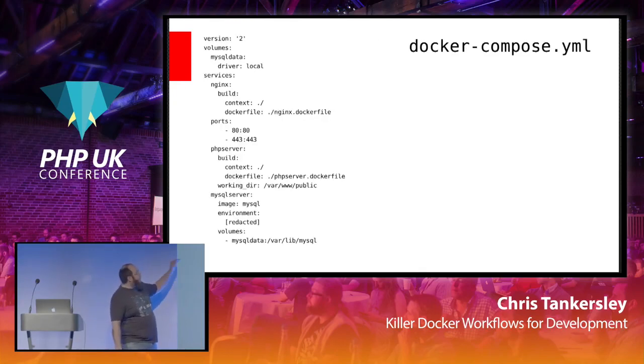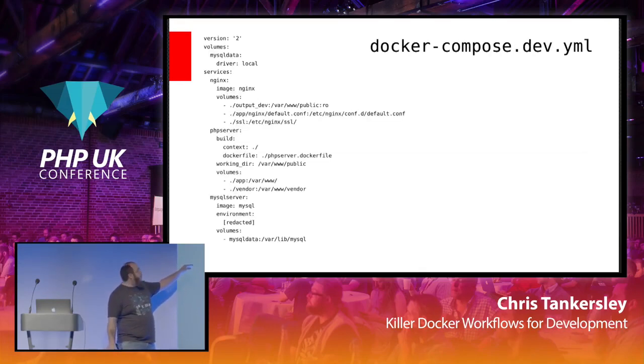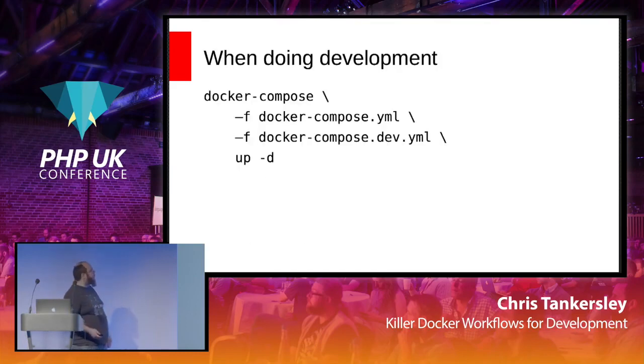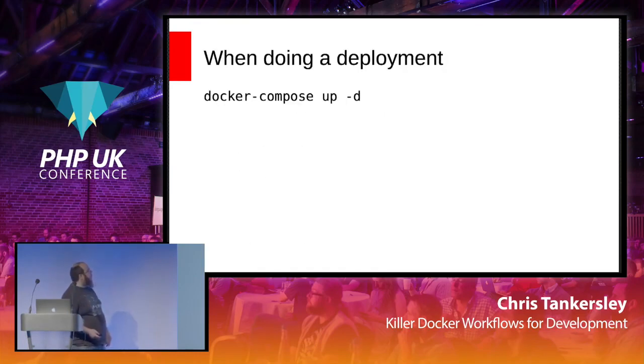So technically in this example, if I'm opening port 80 and 443 from my production one, those will also be open, and I don't open port 8080 on here. If I had another port in here, we would actually have all three of them open, it won't replace. So that's one weird thing to keep in mind. And then when you're doing a deployment, you just do a docker compose up or whatever you're doing, use the production one, and it won't pull in all the debug stuff.